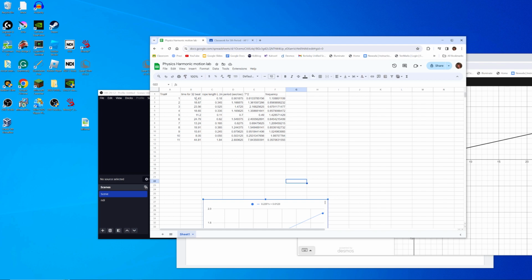What you're going to need for this data is your time in seconds for the 32 beats and the rope length. From that, we're going to calculate the period of oscillation.